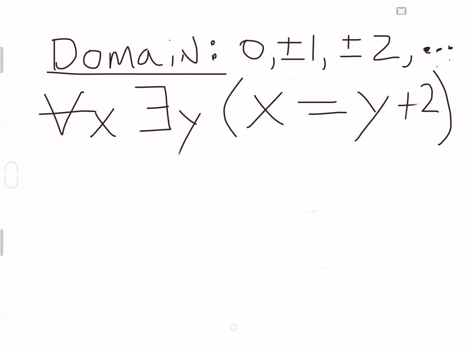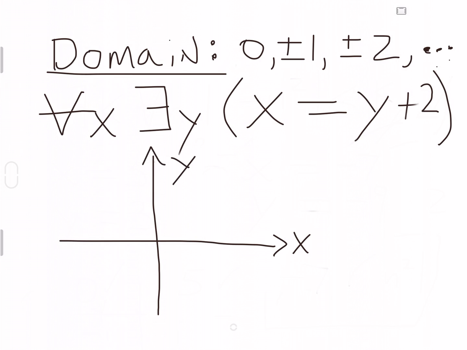So for all x, there exists some y such that x is equal to y plus 2. Now, just to set the stage for things coming later, this is going to be y equals x minus 2. So we're going to have a y-intercept at negative 2.